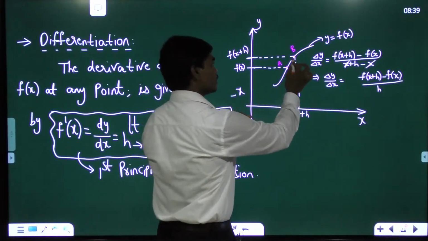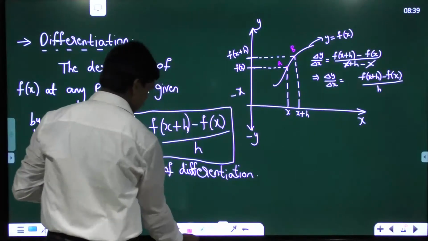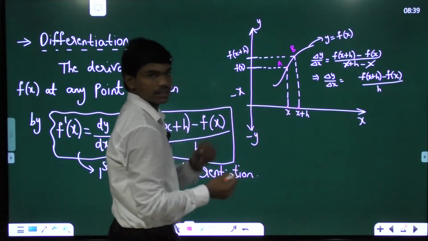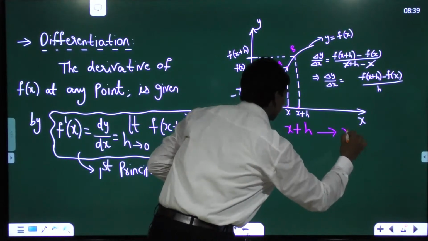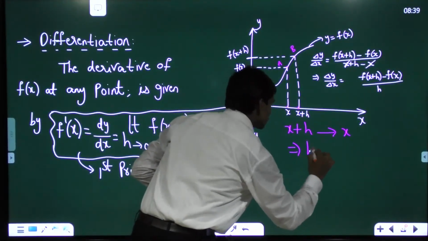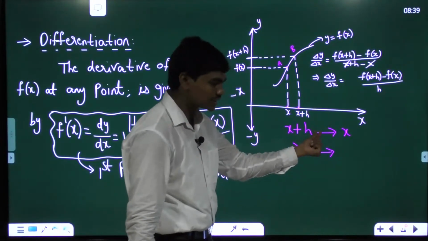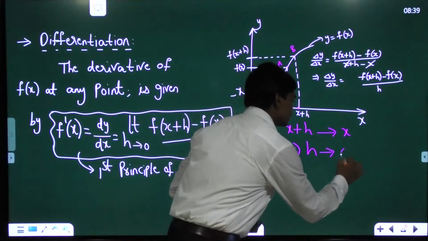And this b for tending to a, this x plus h which is here should tend towards this x. If x plus h is tending towards x, then what does h tend to? Means if x plus h value and x value are almost the same, what would be the value of h? 0. It's obvious, which means h should tend to 0.